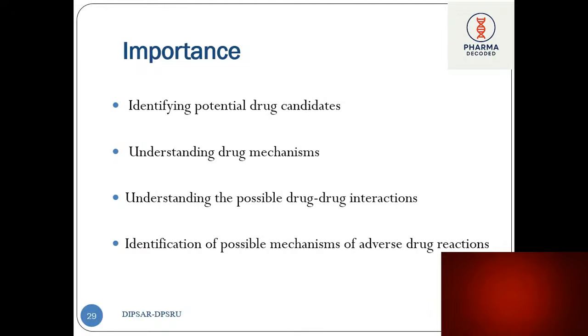Yeah, Subham is asking how can I say that by that mechanism this effect arises? Yeah, by the possible mechanism you are predicting. By the networks you are saying that this is the possible mechanism by which we are getting this response. But of course, you are writing in the future perspective that experimental validation is required.